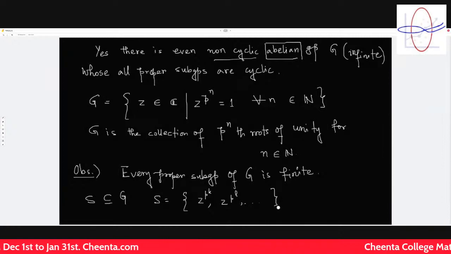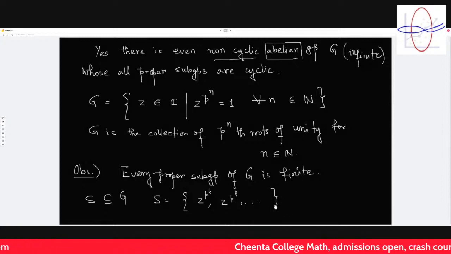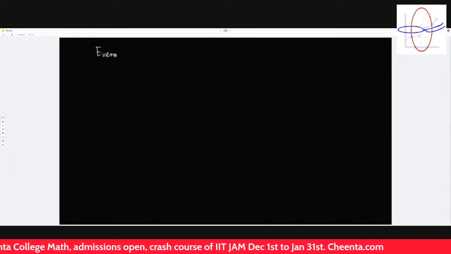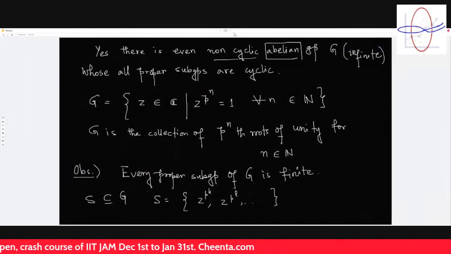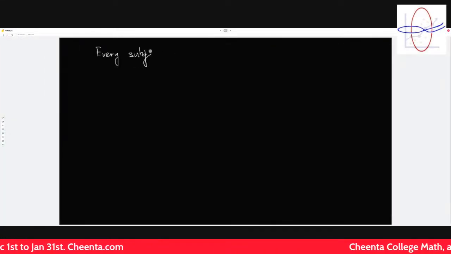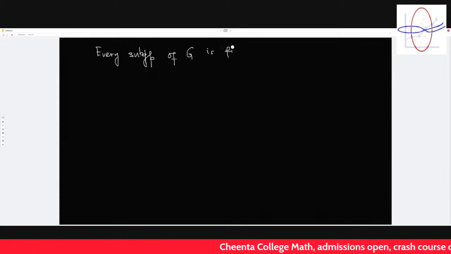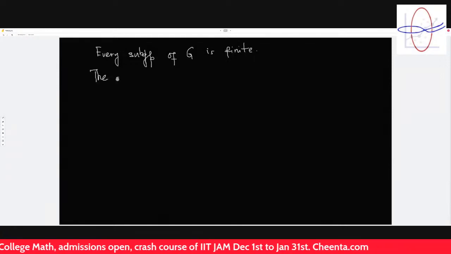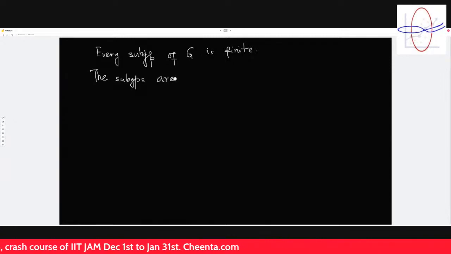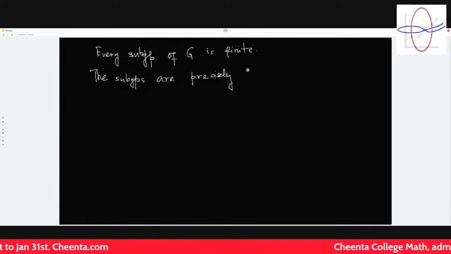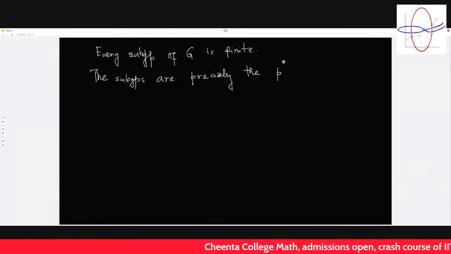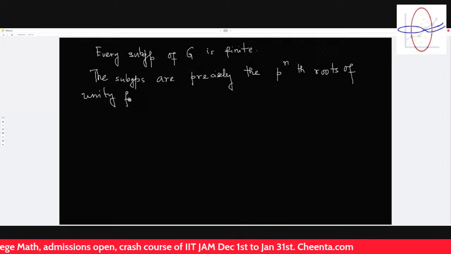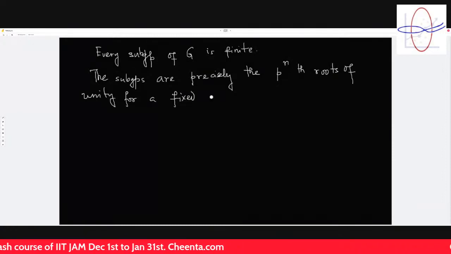But the moment it becomes a subgroup, every subgroup of G is finite. And interestingly, the subgroups are precisely the p to the power nth roots of unity for a fixed n.